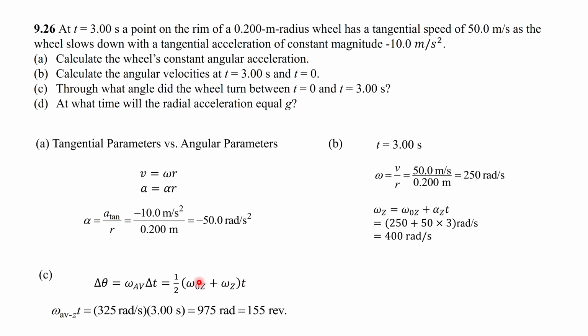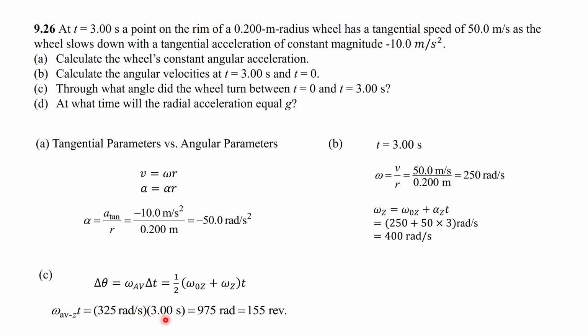So we just plug in the numbers. Then we have the average angular velocity as 325 radian per second. This number comes from here: the initial is 400 and the final is 250. We add them and divide by 2, then we get 325 radian per second. And the time is 3 seconds.